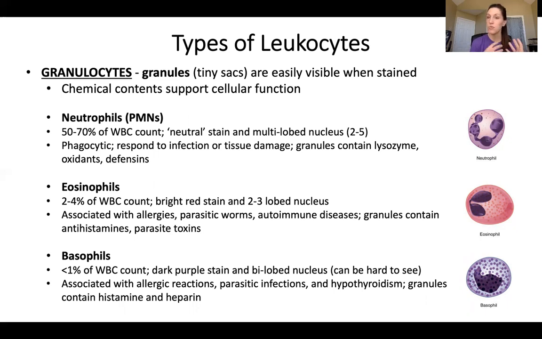So each cell has its own role to play, and the chemicals that are contained inside of those granules are specific to that particular role or that cellular function. So granulocytes are named for the fact that you can see those granules easily when the cells are stained on a microscope slide. So the 3 granulocytes are neutrophils, eosinophils, and basophils.